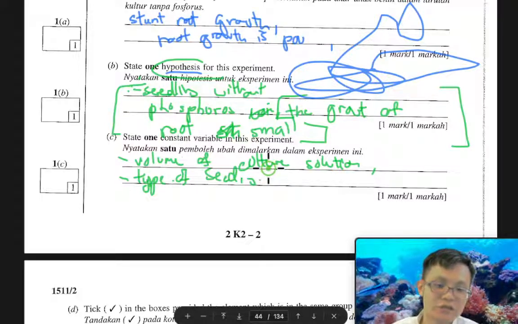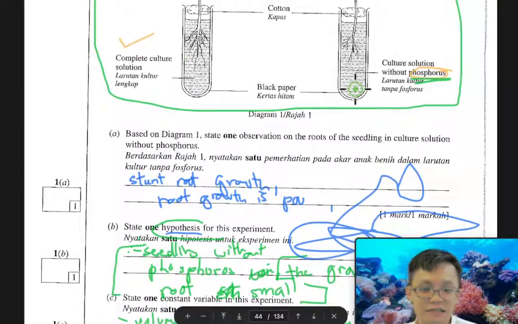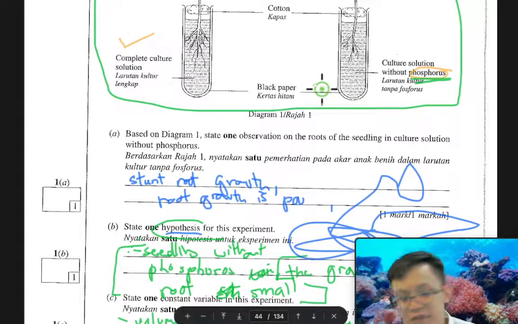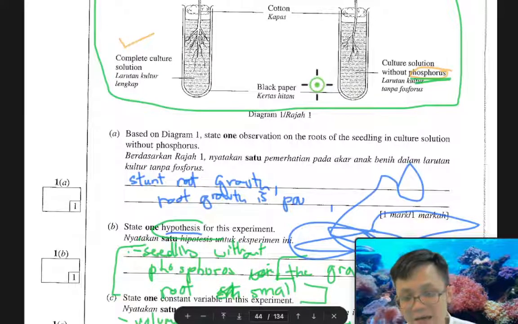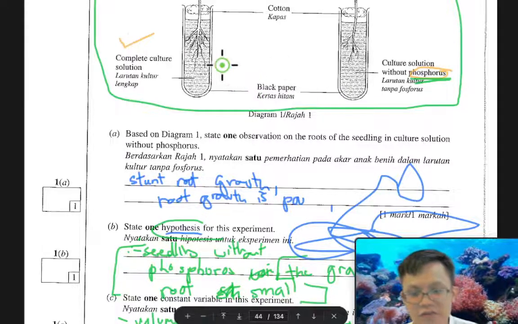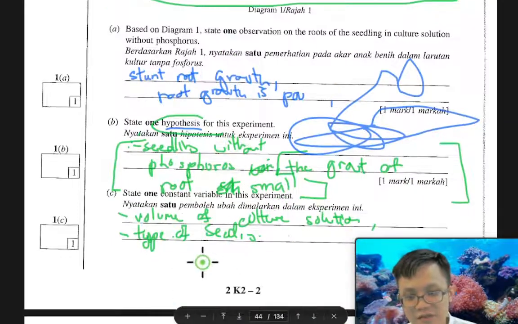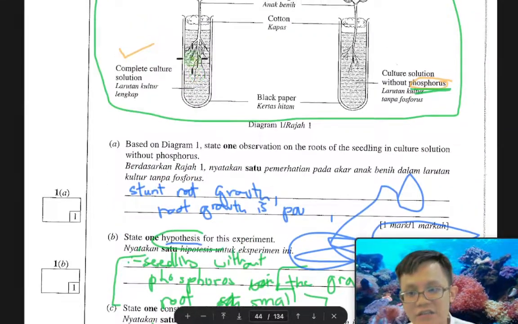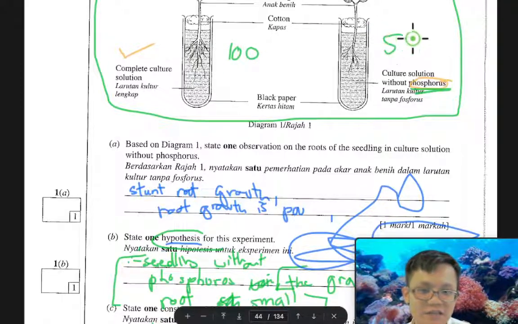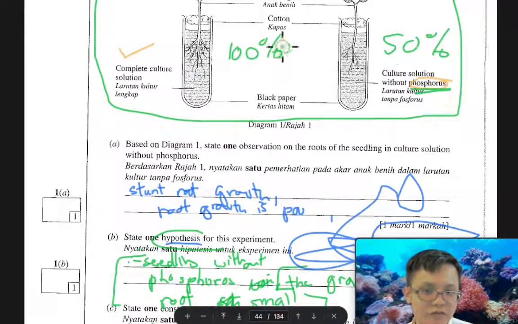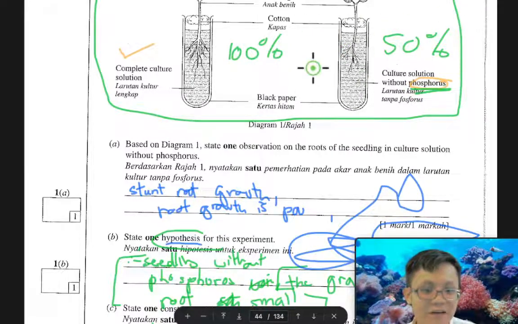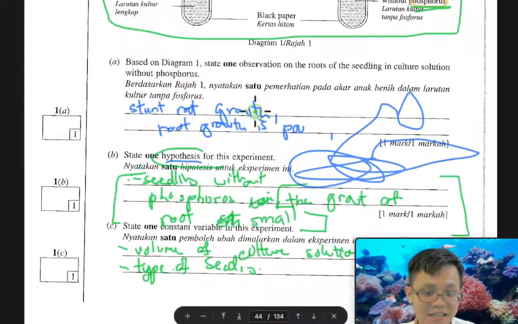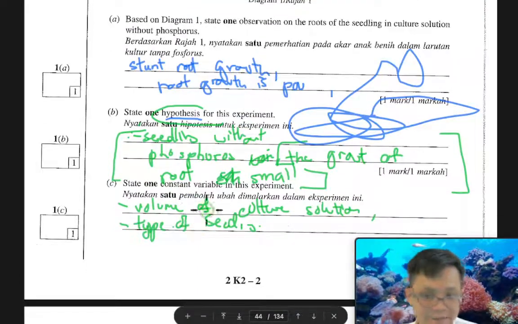Because if you use a cactus seed and a kangkong seed, it doesn't really show anything, because you are using two different plants, and the root is also different for each plant. But with the volume of solution, even if I use 100% for this one and 50% for that one, I'm assuming they will still have the same growth. I don't know, I need to test, but the effect is not as much as the type of seedling. Very good.